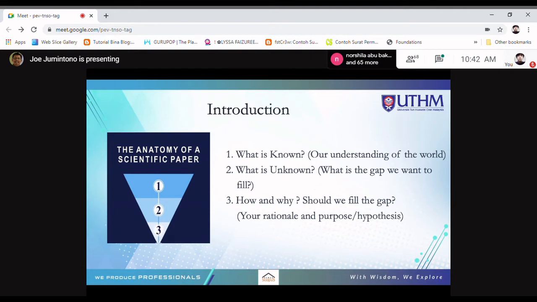Introduction. If you can compose the introduction, starting from question number 1, number 2, and number 3, of course you have already finished half of the paper.